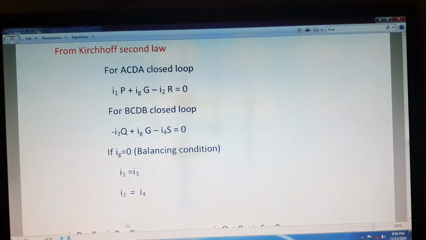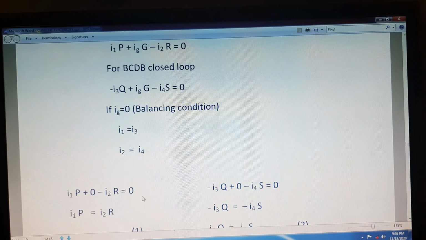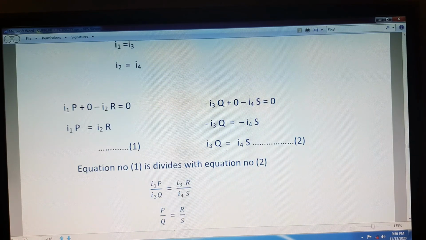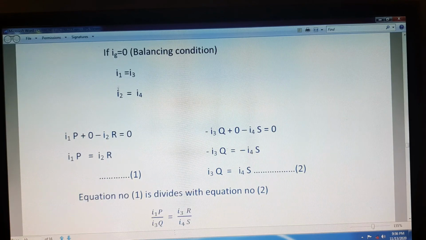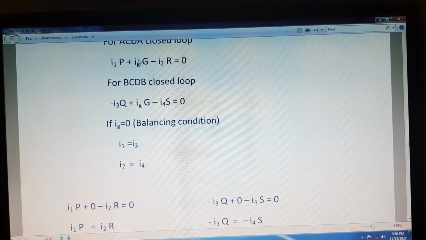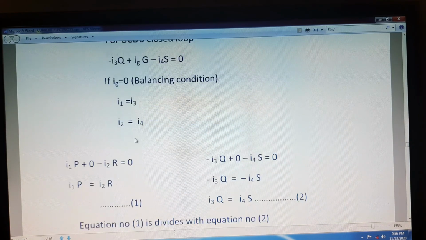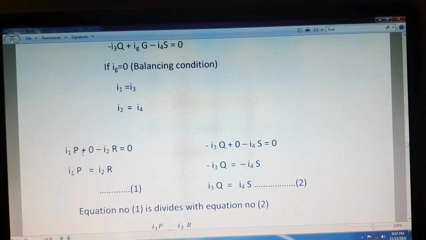These can be substituted in the above equations. Since Ig is 0, the Ig terms will be 0, so the equations are I1P plus 0 minus I2R is equal to 0.